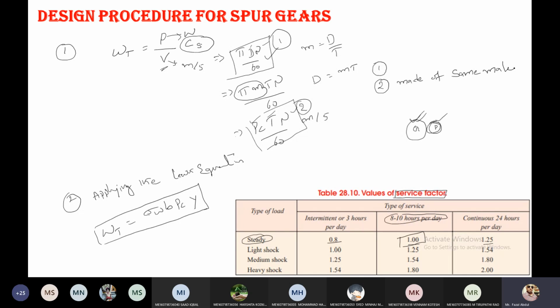The third one: if the two elements are made of different material.